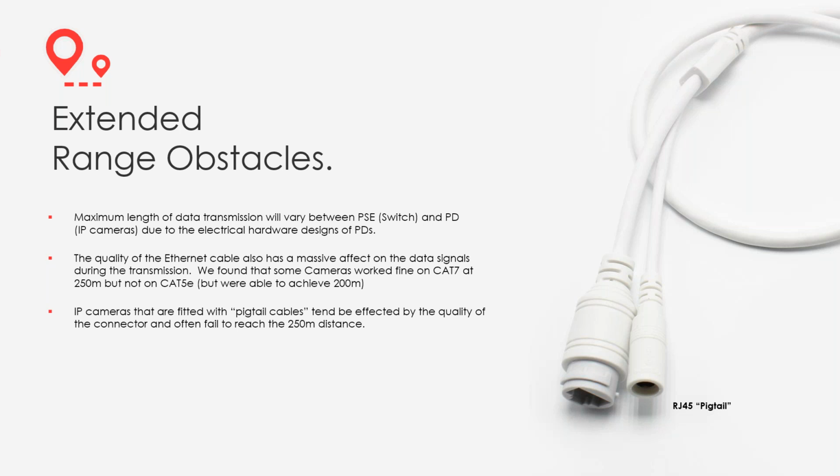So you might not be able to reach the full 250 meters with cameras that have these types of fittings. And also some cameras haven't been working with Cat5e cables up to those 250 meters, but they have worked fine when testing with a shielded Cat6 or a Cat7 cable. So just something to be aware of.